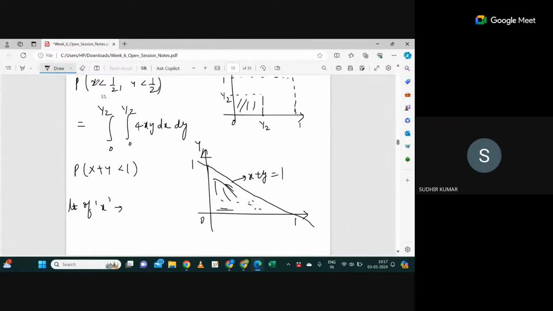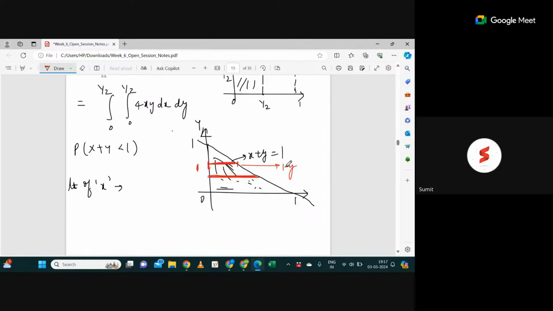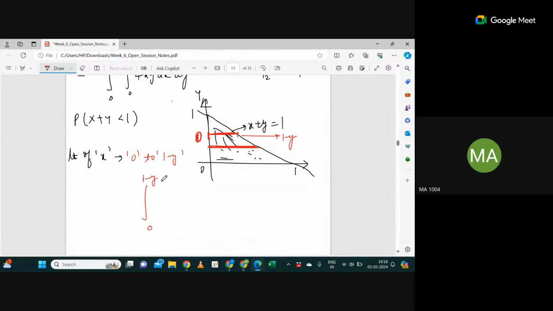First I draw a line parallel to the x-axis. This is the lower limit and this is the upper limit. At the y-axis, the value of x will be 0, so it is 0 to 1 minus y. So I have to integrate 0 to 1 minus y of 4xy dx, and for dy I will take the total limit. Is this fine?